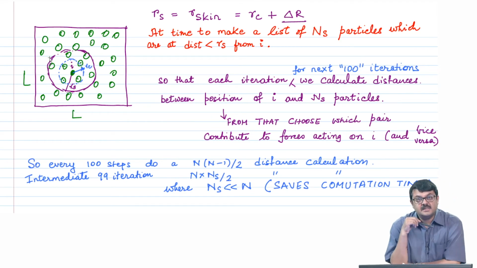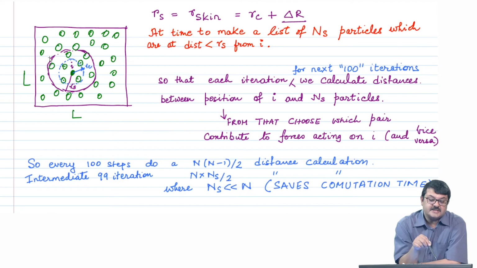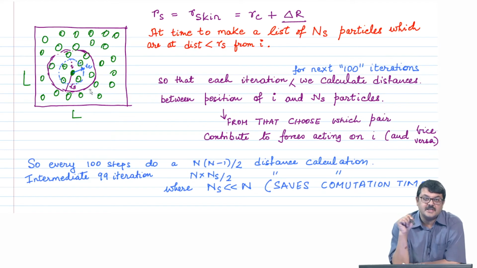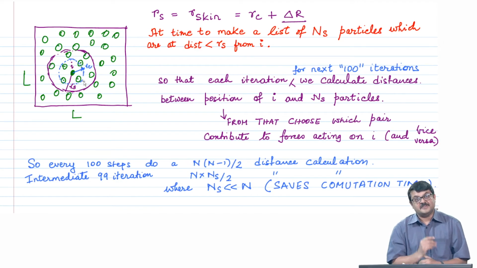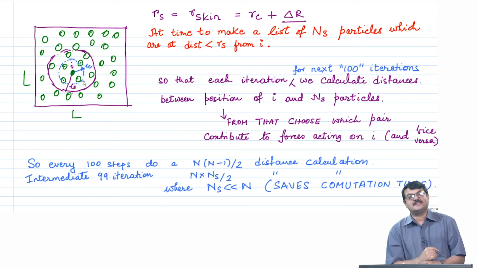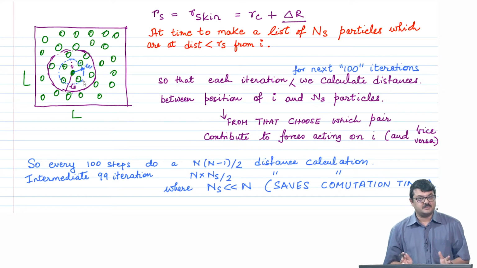And if a neighbor of I is within distance r c, then you calculate the force. What are you saving? You are calculating the distance between a much smaller subset of particles, only those particles which are within distance r s, and not all the particles in the box. And within that small subset, you are choosing those particles which are actually interacting, which are actually within the distance r c. So, you have saved a large number of calculations.